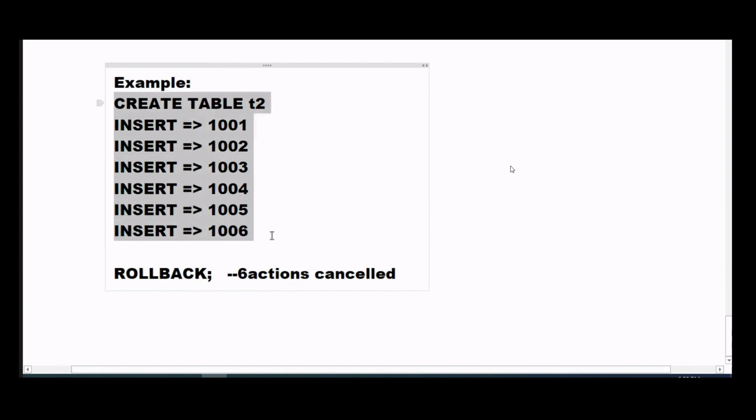Now my requirement is, I want to cancel only the last 2 actions. This is my requirement. In such situations, when we are performing large transactions, it's better to set savepoints in the middle.